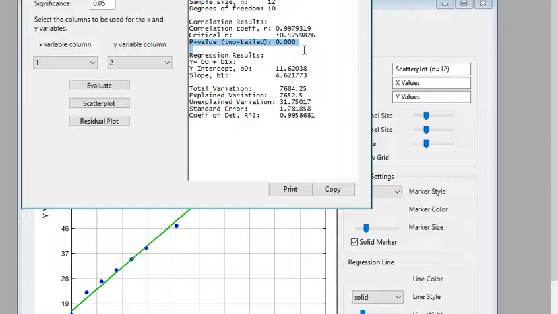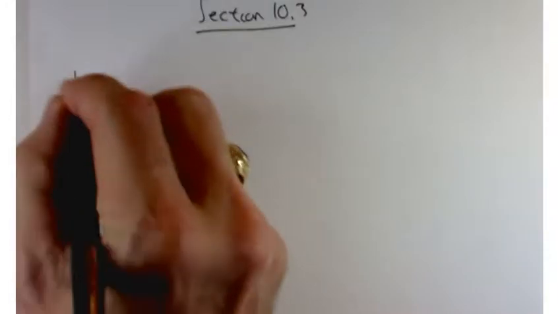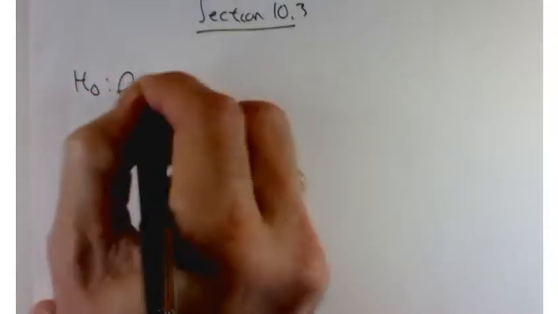Would you reject that there's no correlation, or would you fail to reject that there's no correlation? The default test in these kinds of things is that there's no correlation. So H naught: rho equals 0 versus HA: rho is different than 0.